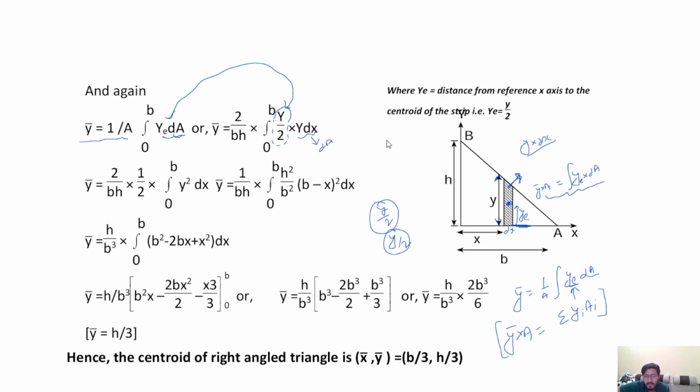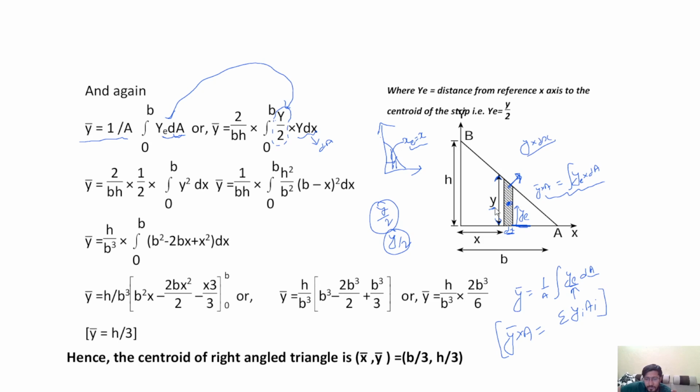In the vertical strip above, for calculating x bar, you see there, in this vertical strip xe is the distance from the y axis, and x is equal to x, because the strip is very small in the x direction, but the height of the strip is y.